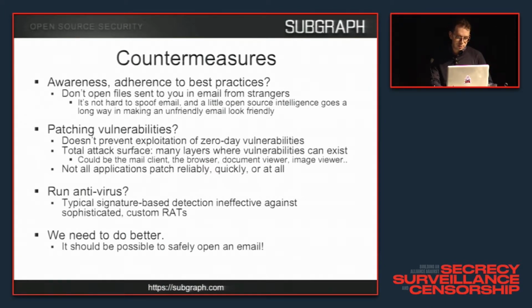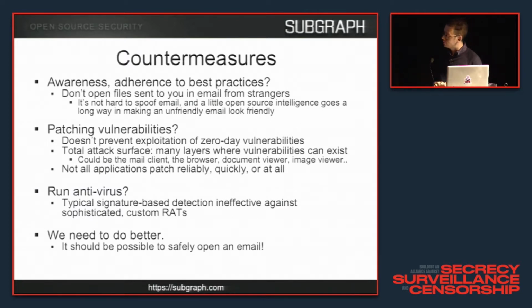What are the countermeasures? You can try to not open email, but that's not very practical advice. But honestly, that's good advice. You have to be really careful about opening attachments in particular. Keeping vulnerabilities patched doesn't prevent exploitation of zero-day vulnerabilities, which happens in high-value targeted attacks.